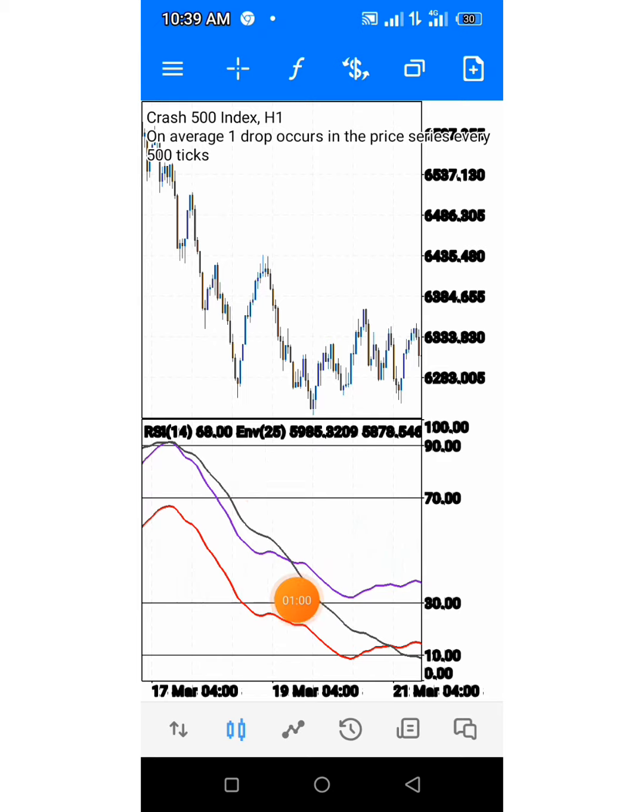So this indicator is particularly for Boom and Crash 500 and 1000 only. But as time goes on, I found that I could use this strategy also on the 1 hour time frame. So that is why I have updated this.